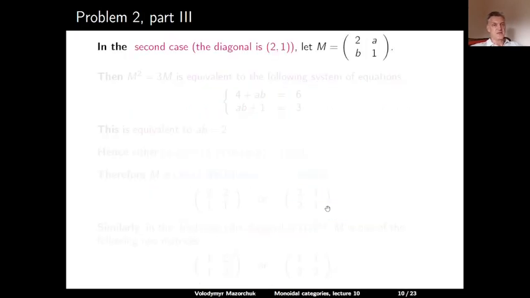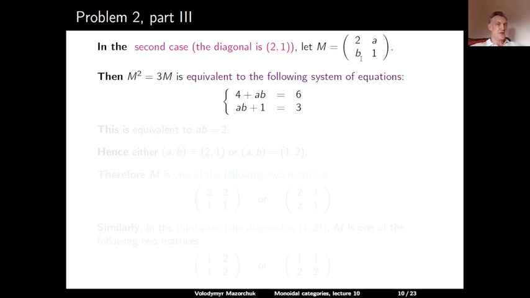Now let us consider the second case. The diagonal of M is 2, 1. Then we can write the matrix M as [[2, a], [b, 1]], where a and b are some positive integers. The equation M squared equal to 3M is then equivalent to the following system of equations.